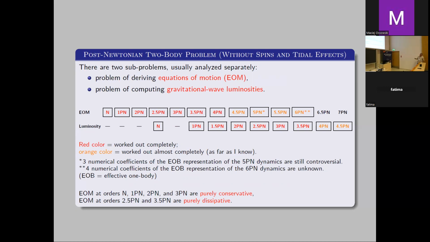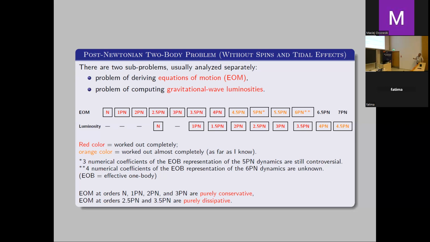Namely, there is a problem of deriving equations of motion and a problem of computing gravitational wave luminosities. Here, I will not talk about spin-related effects and also no discussion about tidal effects. Both things are very important, but because of lack of time, I will not touch this.